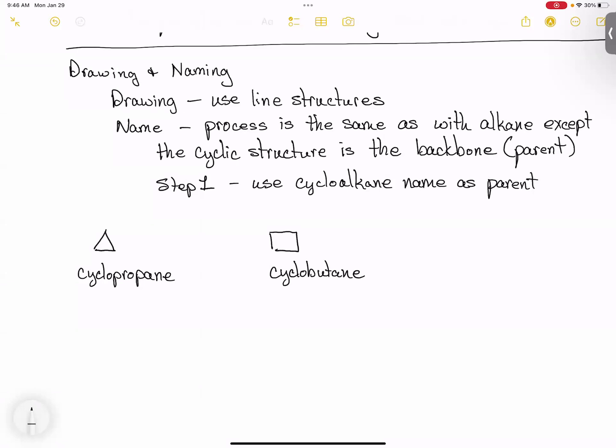Cyclopropane and cyclobutane are pretty unstable. The first real stable one you get is cyclopentane. And then you can get cyclohexane, cycloheptane, cyclooctane. They're harder to draw, but you can have them.